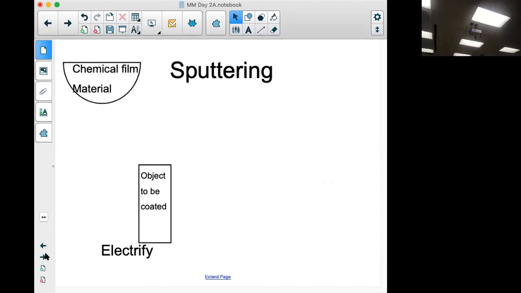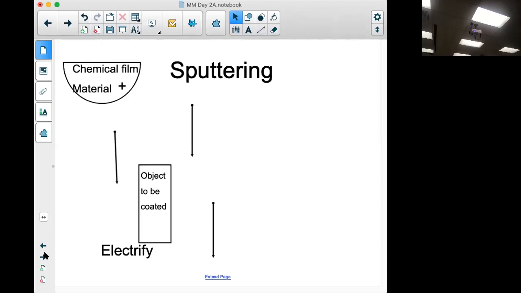We then take chemical film material, but the film material has to be metallic in nature because it's positively charged. Okay, you should put that in there. It has to be a metal-based structure. Okay. Then, just using the opposite charge polarity process, it'll pull it across onto the material and cause it to coat evenly.